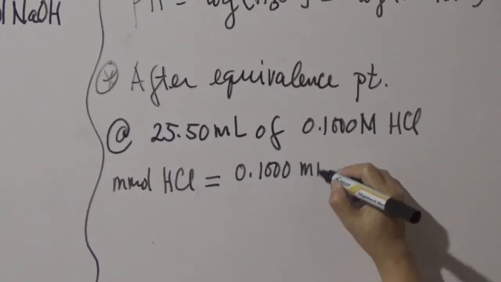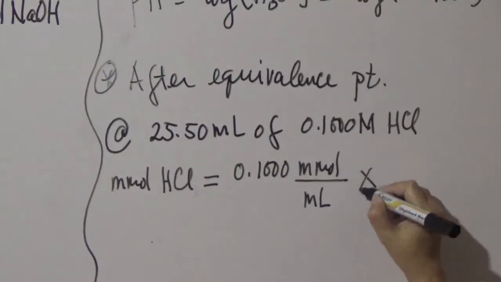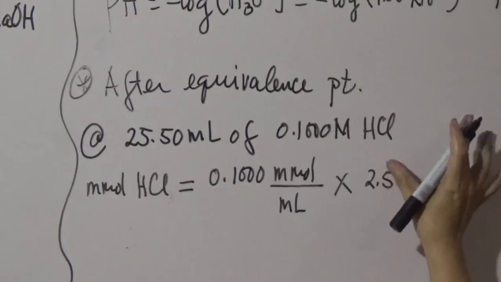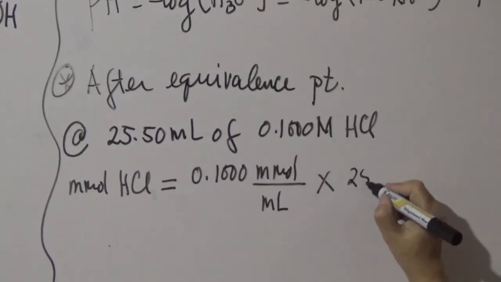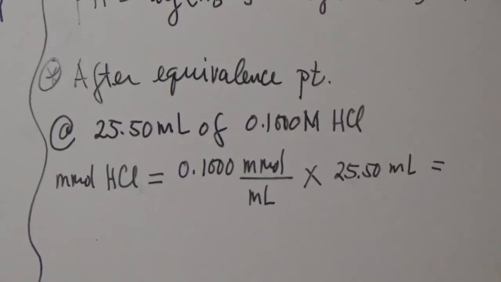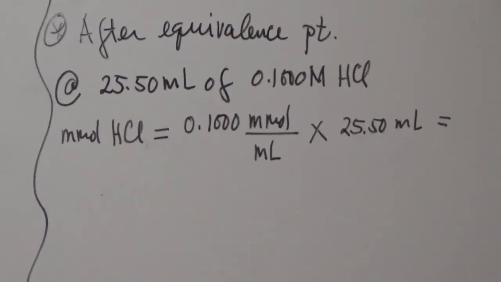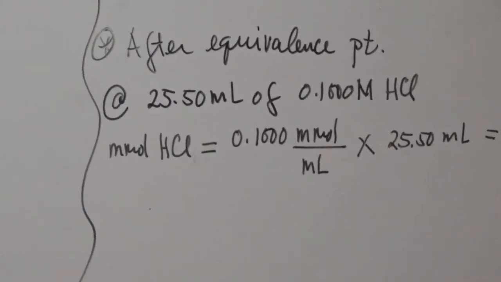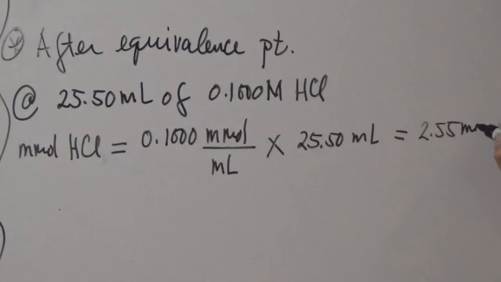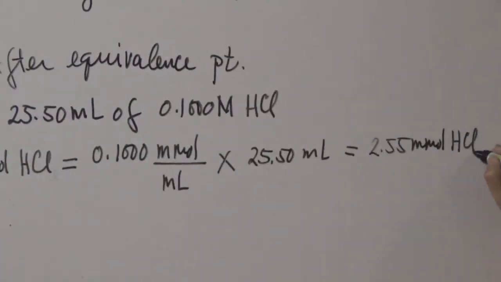This is millimole divided per ml. Multiply it with the volume, which is 25.5 ml. So this is equal to 2.55. So 25.5 times 0.1, that is 2.55 millimole of hydrochloric acid.